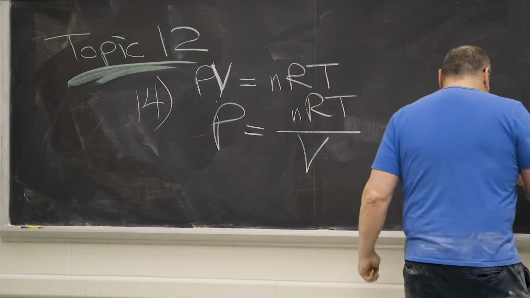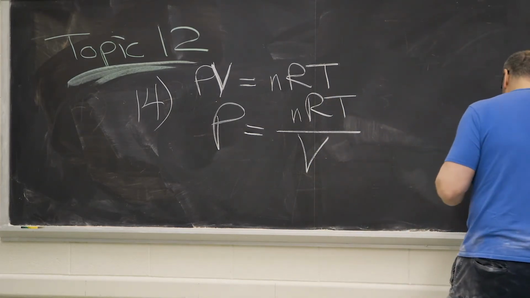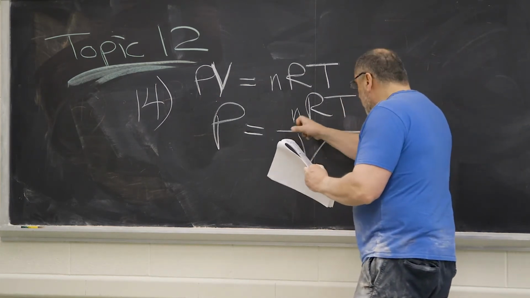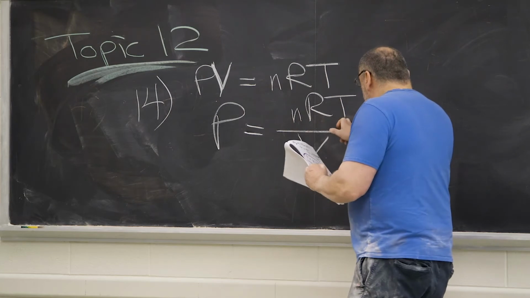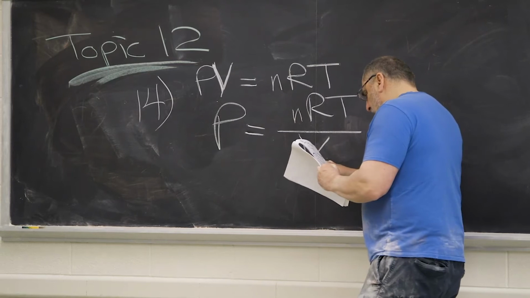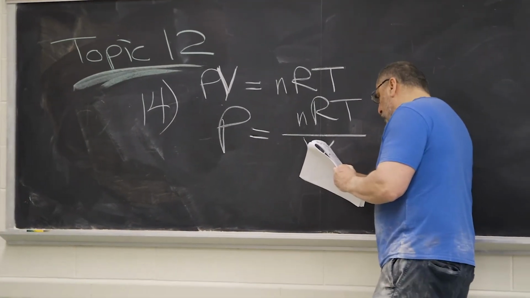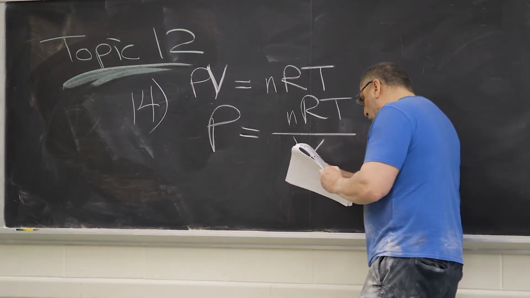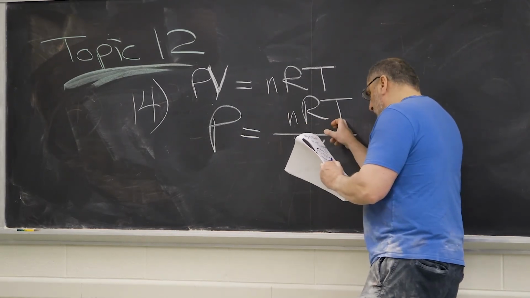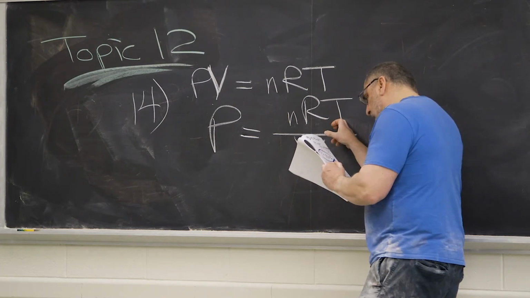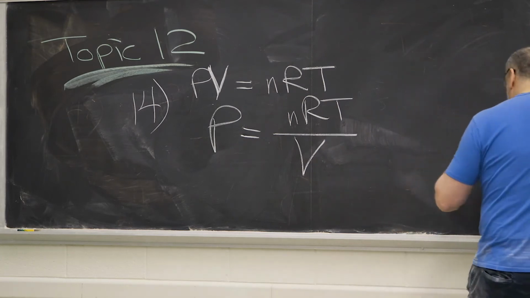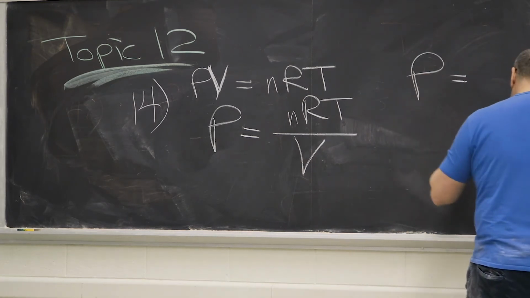Plug in all the appropriate stuff. 10 moles, 8.31. 20 degrees Celsius is 293 Kelvin. Volume in cubic meters, you've got to make it in cubic meters if it's not already given to you. They gave it to you, it's 0.3. So 10, 8.31, 293, because it's 273 plus 20, and here it's 0.3. At the end of the day, guys, you'll see it in the work.